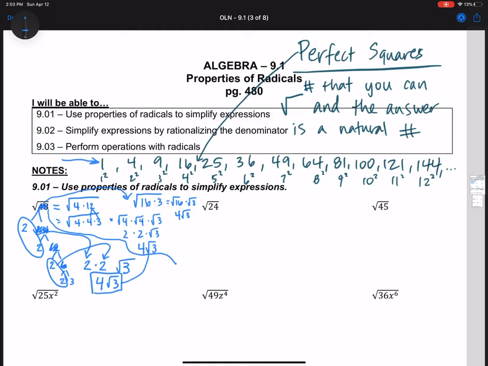All right, let's try that again. 24. Which one of the perfect squares that's lying across the top multiplies to 24? That is 4 times 6. That is also the square root of 4 times the square root of 6, which is 2 square root 6. All right, the other option is we make a tree.